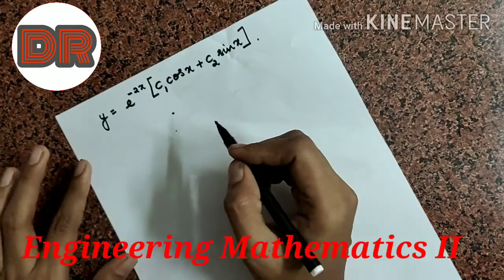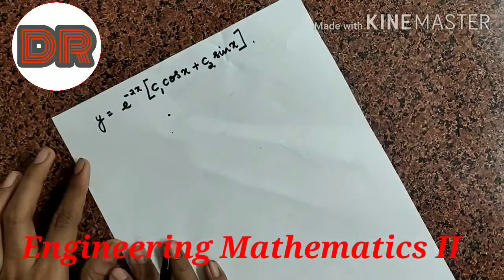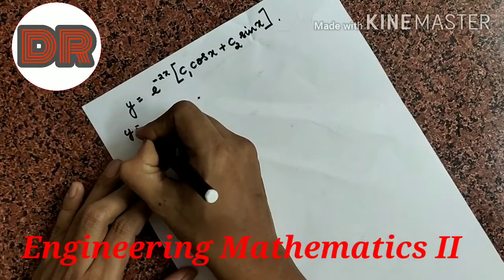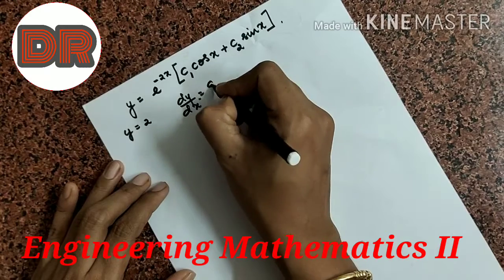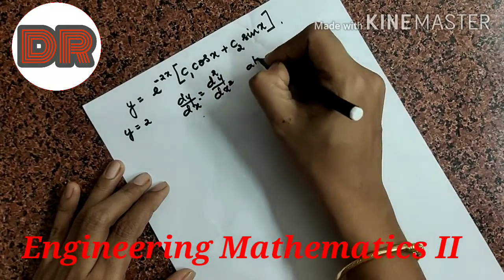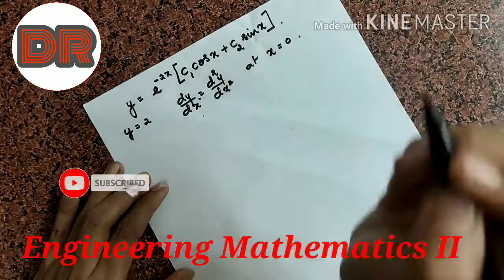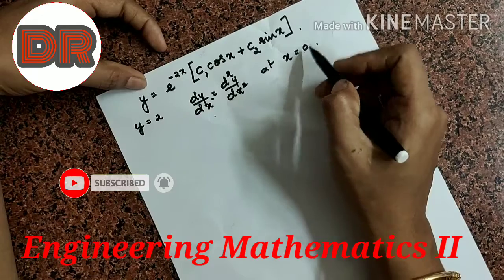Now with the given conditions, let us find the particular solution. So what are the conditions given? One is y is equal to 2, and the second one is dy by dx is equal to d square y by dx square at x is equal to 0. Let me use the first one, that is y is equal to 2 at x is equal to 0.